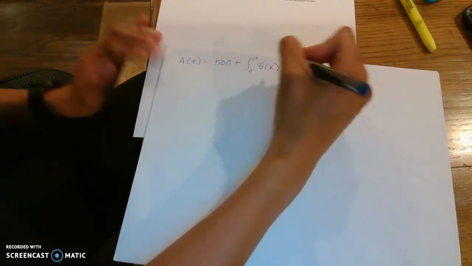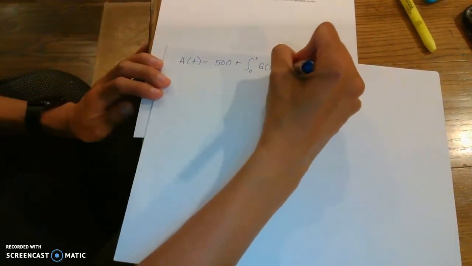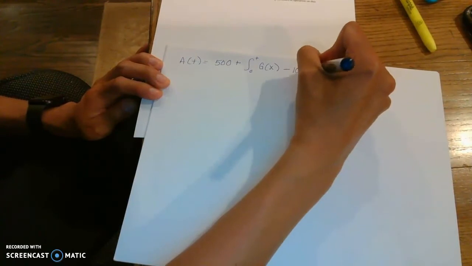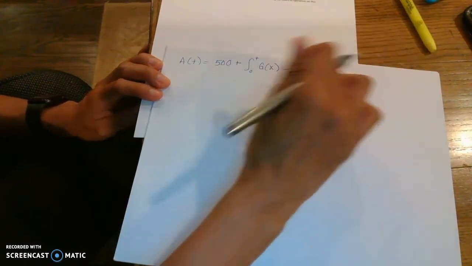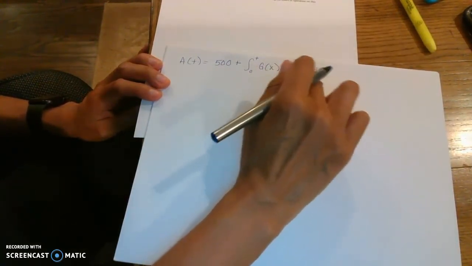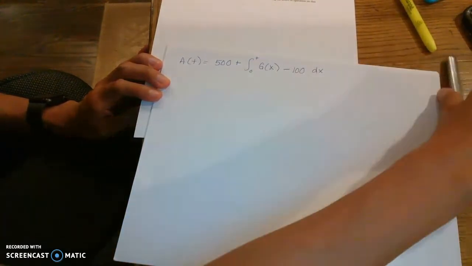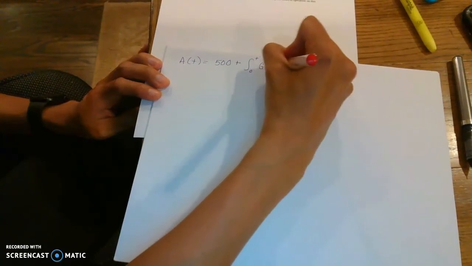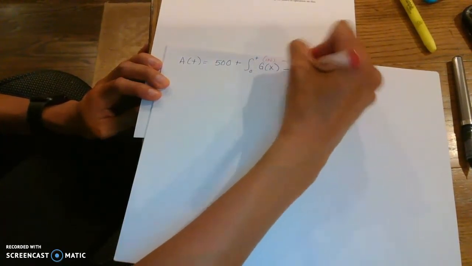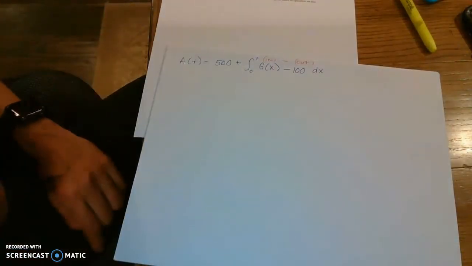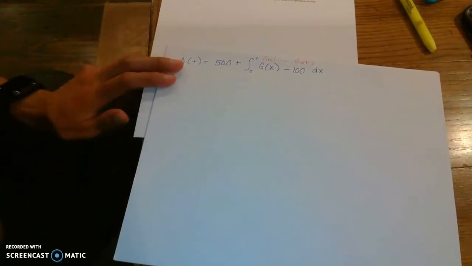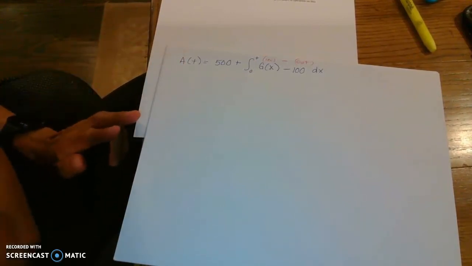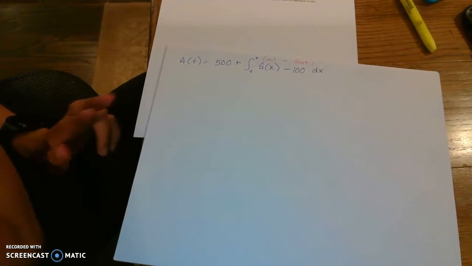So G of X is the amount that's arriving, and minus 100 dx, well, that's going to be the processed gravel. So with these problems, the amount is always in minus out as the integrand. So here, this is the equation for the amount of gravel that is unprocessed at the plant.